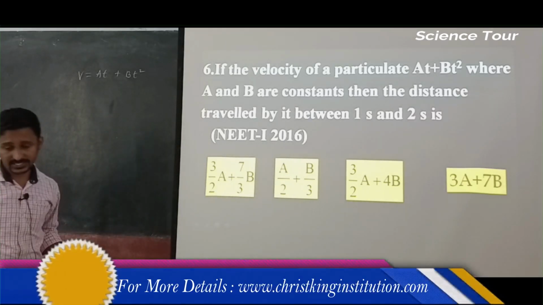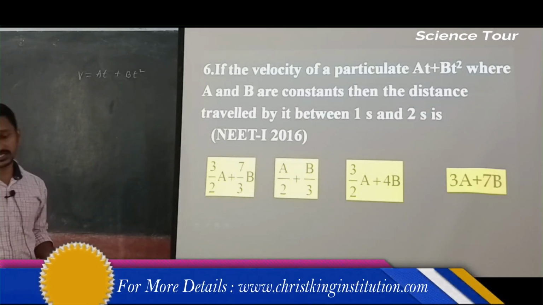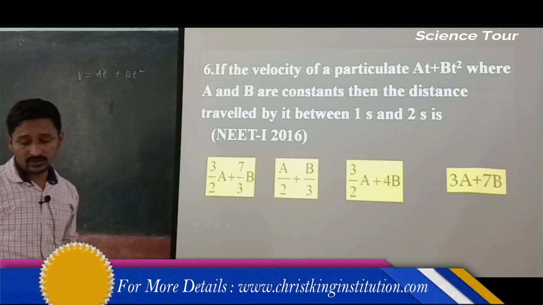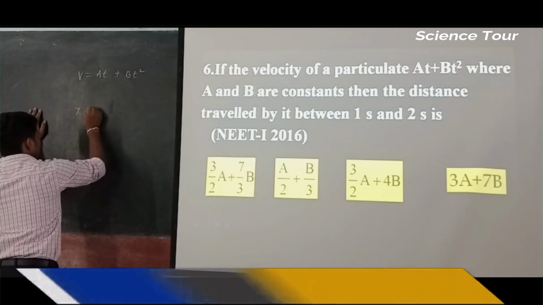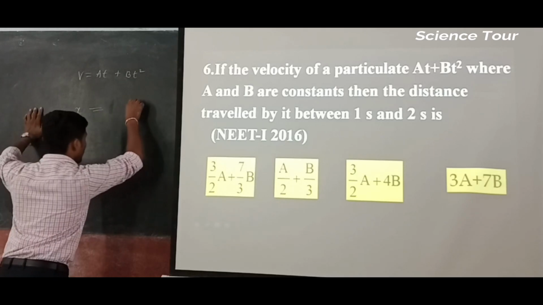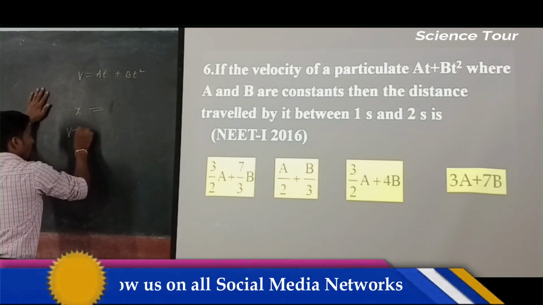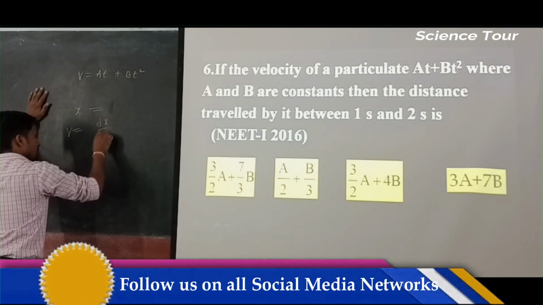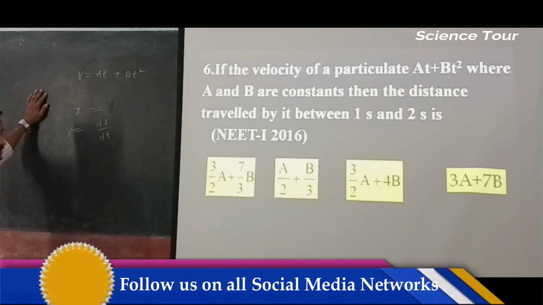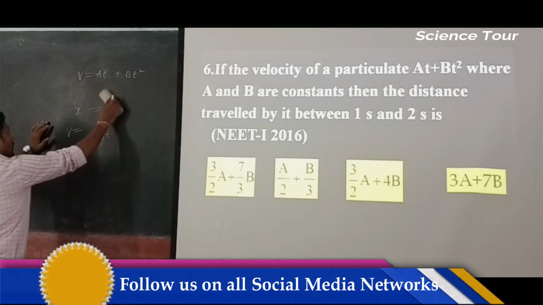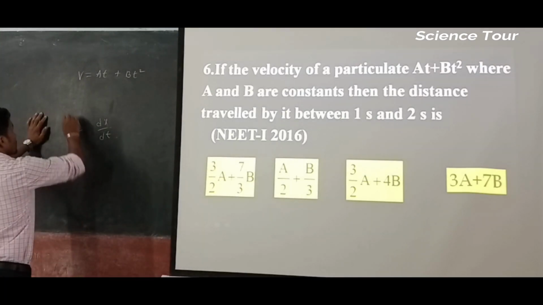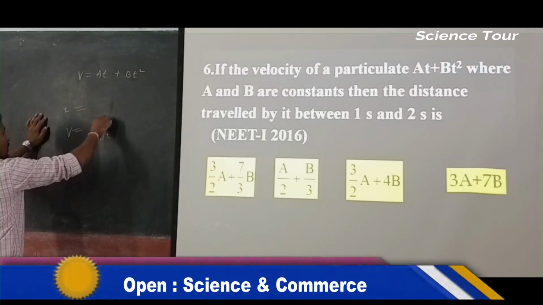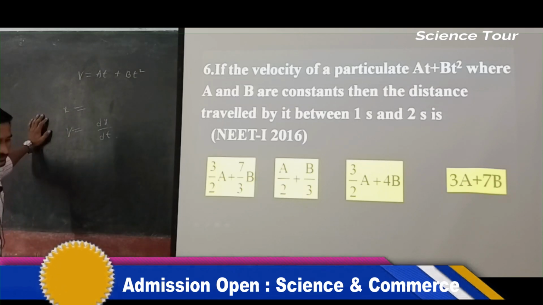Now the velocity is given, and you don't know the displacement; you have to find it. If displacement were given, you would find the velocity, since velocity means dx by dt, by differentiating.